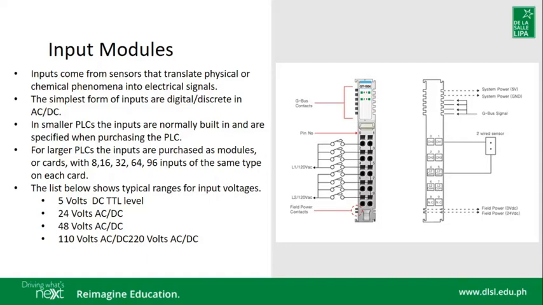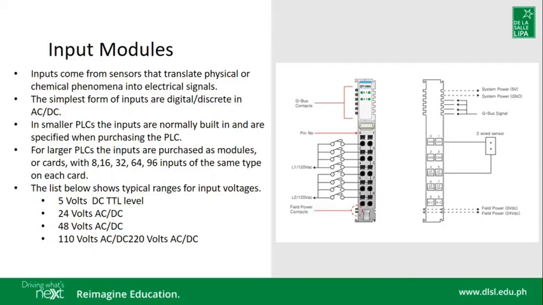In smaller PLCs, the inputs are normally built in and are specified when purchasing the PLC. But for larger PLCs, the inputs are purchased as modules or cards with 8, 16, 32, 64, or 96 inputs of the same type on each card.